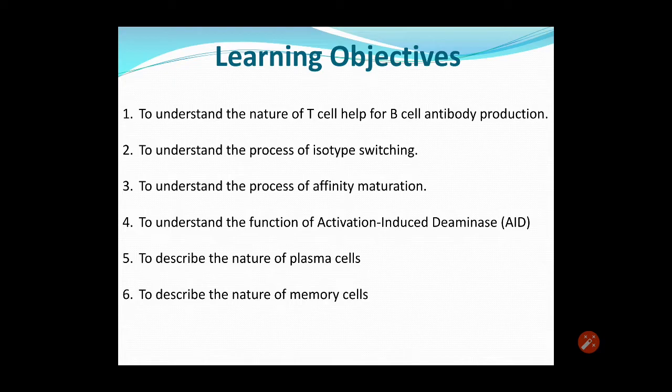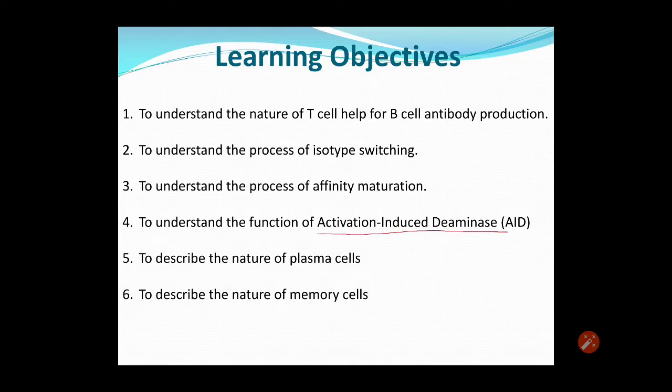It's important because affinity maturation is the reason why vaccines have been so successful in medical science in protecting us from poliovirus, smallpox, etc. And these two processes, isotype switching and affinity maturation, are brought about by this important enzyme called activation-induced deaminase, or AID.